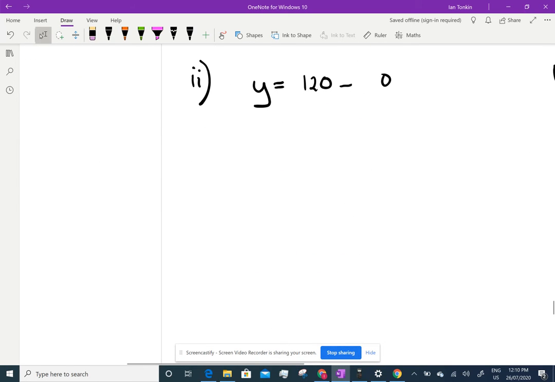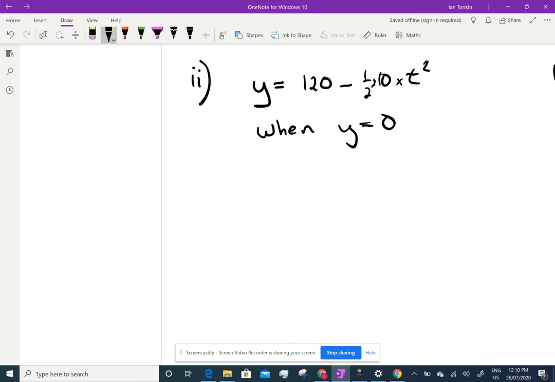Minus a half times 10 times t squared. Now we want it when it hits the water, so when y equals 0.